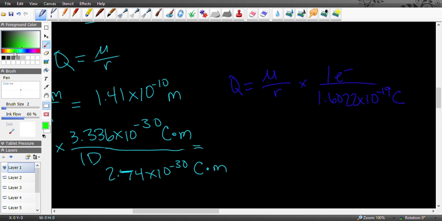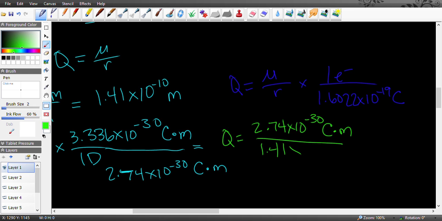So plugging everything that we figured out in, Q equals 2.74 times 10 to the negative 30 coulomb meters over 1.41 times 10 to the negative 10 meters times 1 electron is 1.6022 times 10 to the negative 19.